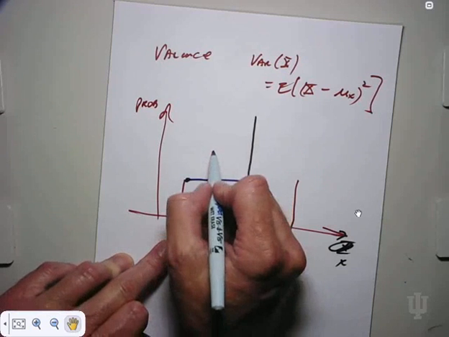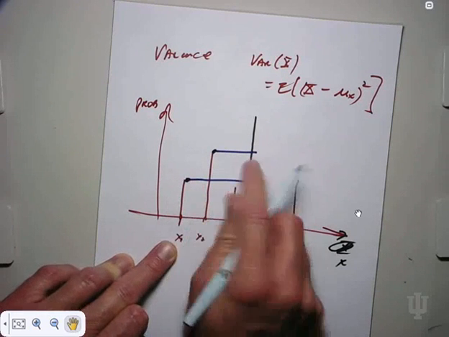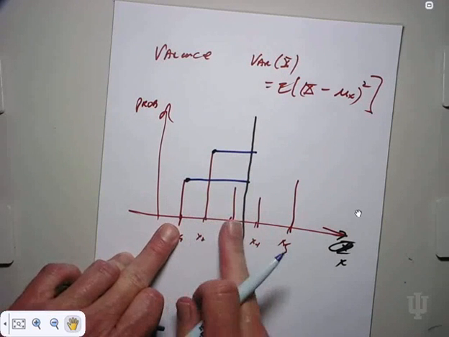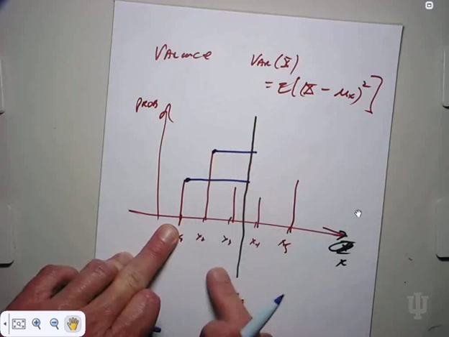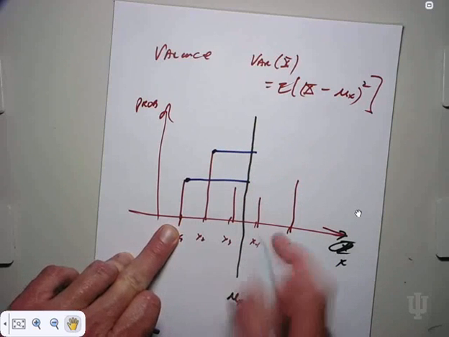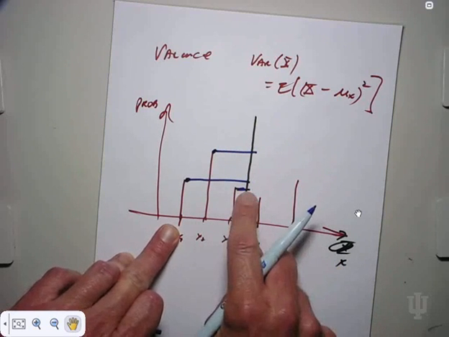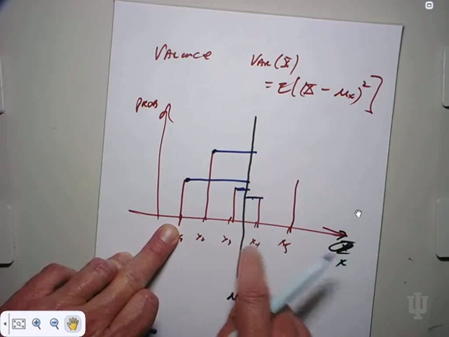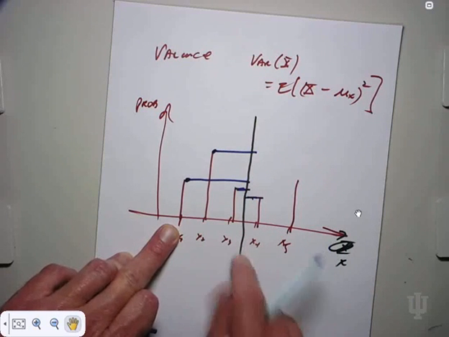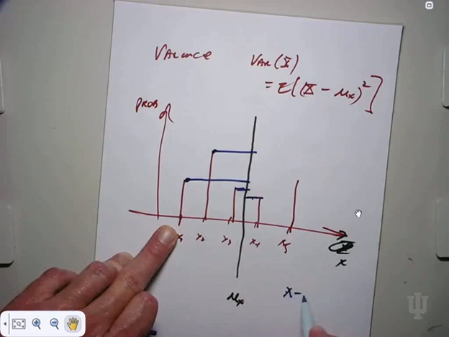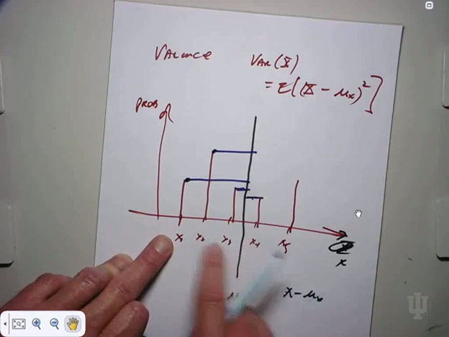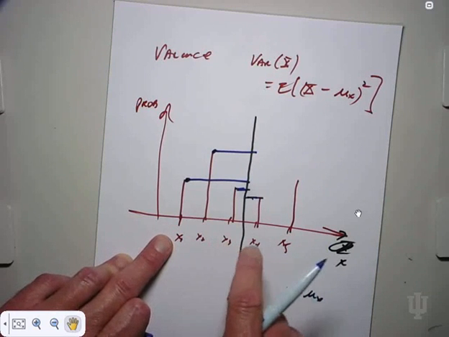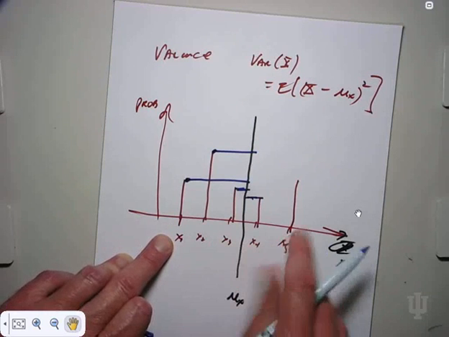This distance is between x2 and mu x. This distance is between x3 and mu x. This distance is between mu x and x4. Remember, we're always doing x minus mu x. So this minus this, this minus this, and the last one is this minus this.